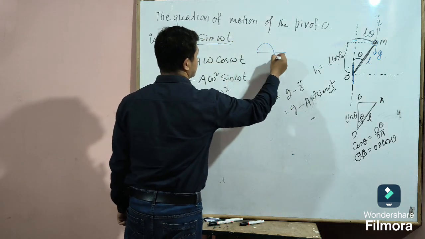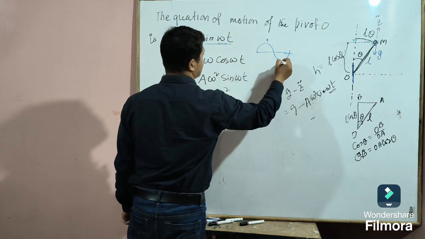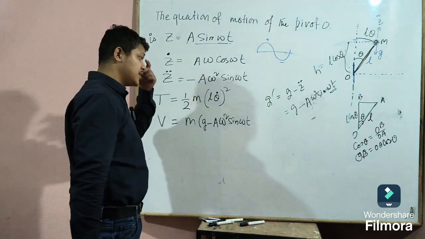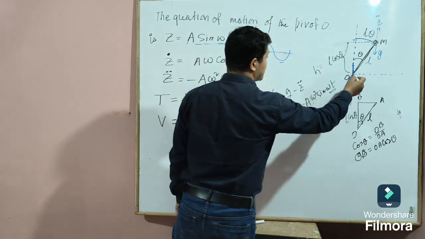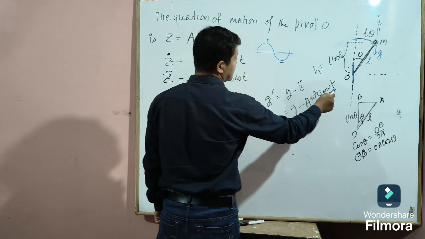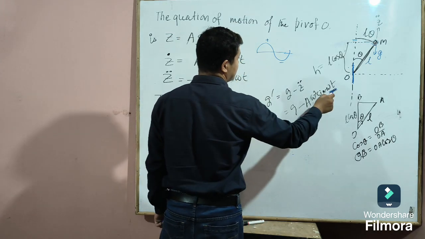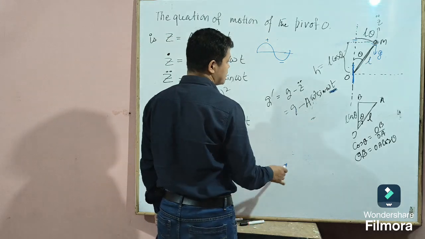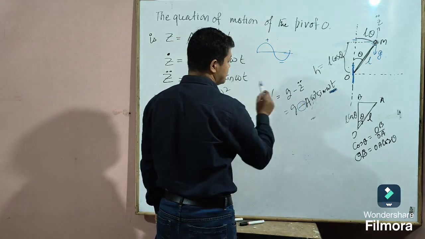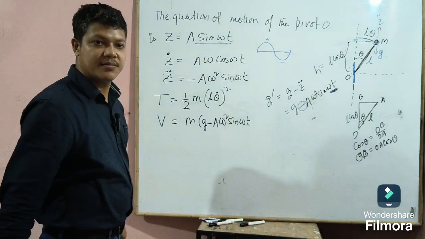So you know the sine graph, half cycle positive, half cycle negative, right? So when it moves up and down, this angle will change with time, so this sign will be always negative, right?